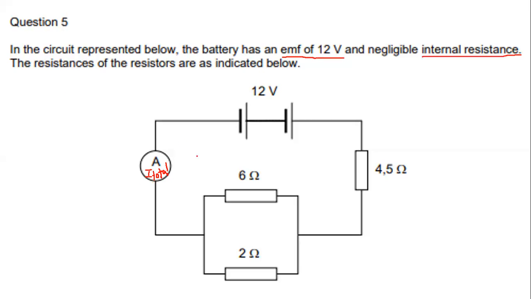We also know that this ammeter has such a low resistance that we find it to be negligible altogether. And if it is negligible, it means the current flowing through the ammeter will not use any of the volts. Then we still have the total current.